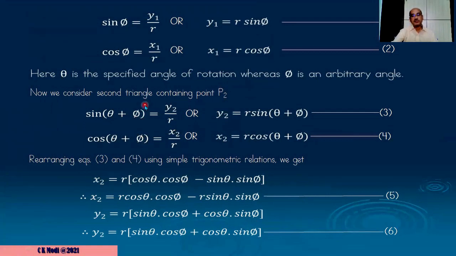Therefore y2 is equal to r sine of theta plus phi and x2 is equal to r cos of theta plus phi. This is equation number 4.